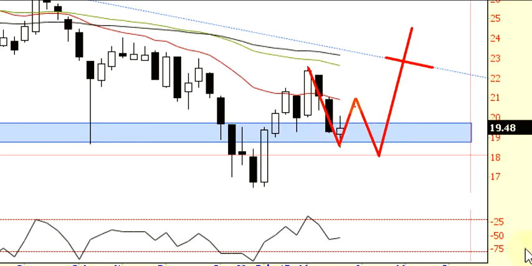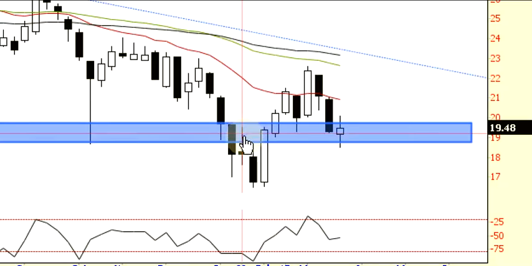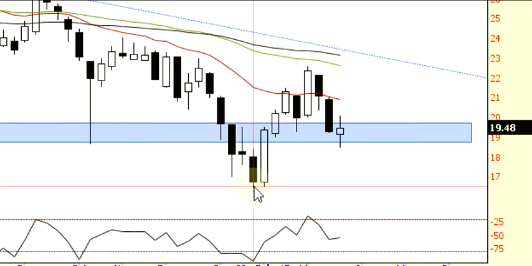So there's no way to really know whether we're going to come down to this support area or if we're going to just pull back and then take off again. But we are at a pretty critical space. I suspect interest rates are going to rise a little bit and then pull back. The question is, are they going to pull back further to a new low, lower than this low?